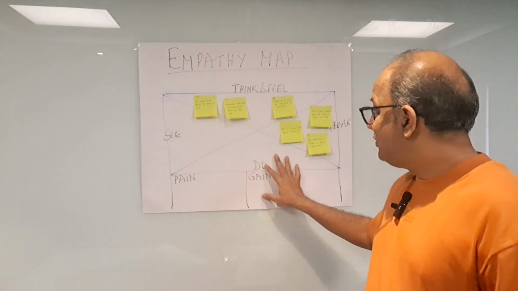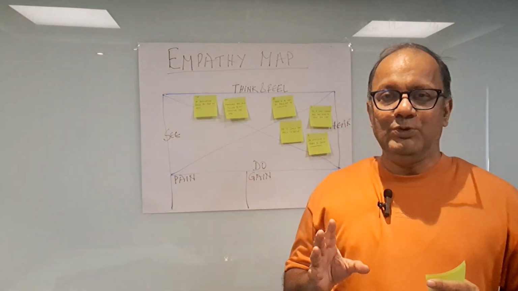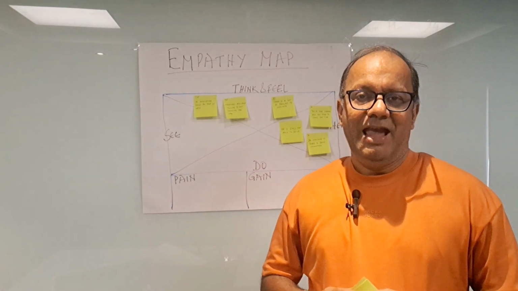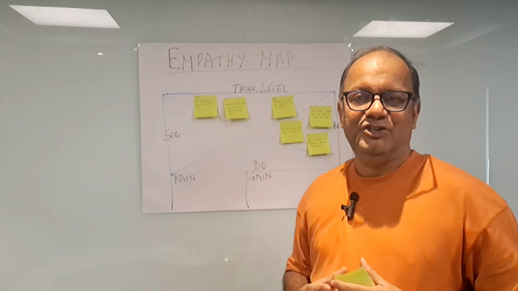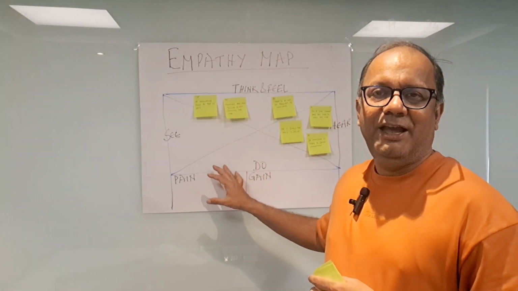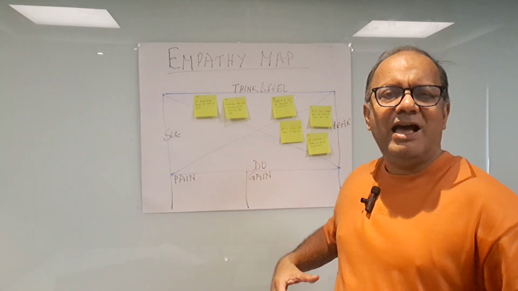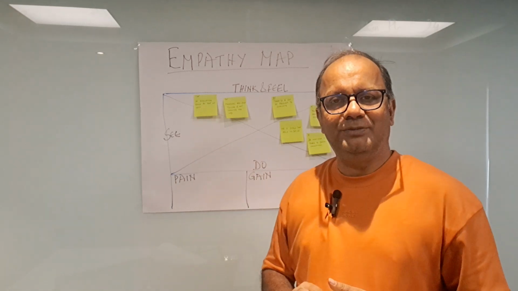Now, in the do section, you have to understand what this particular user does during the course of the day. In the course of the day, what is he doing that is helping with that particular challenge, in this case innovation in HR? What kind of work is this person doing, and how is that work supporting innovation?